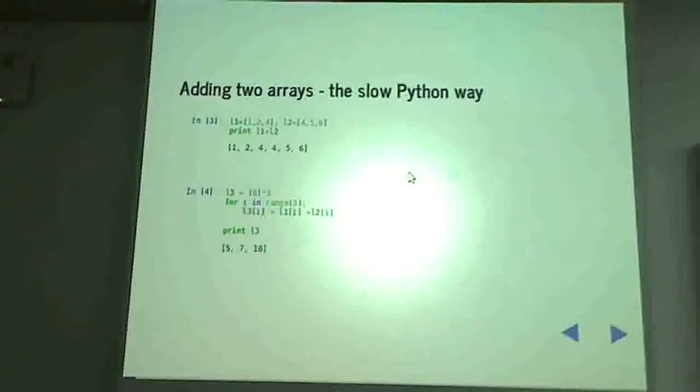Now the thing that you have to get past while programming in Python is the tendency to use a for loop. If you are using a for loop in a numerical computation like this, you are doing something wrong. Those of you who have used IDL, those of you who have used MATLAB are already familiar with the other way of doing things.